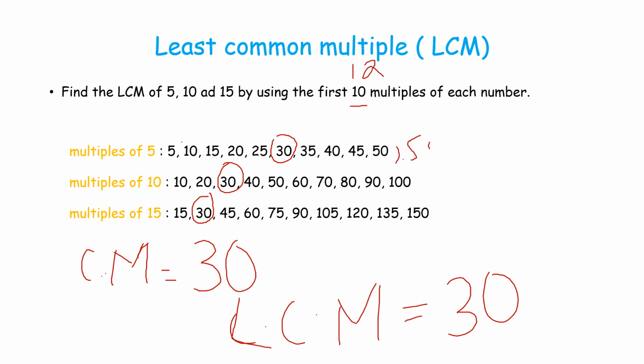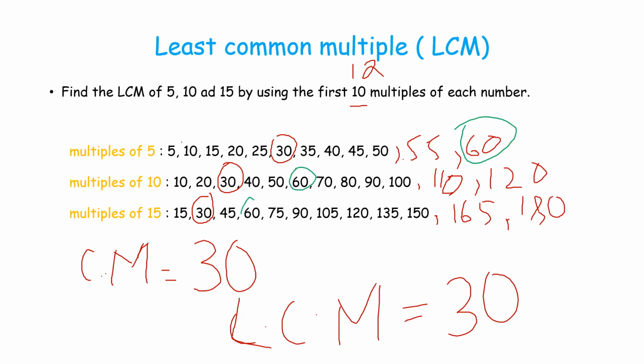But if we have more than one common multiple, let's say if I had to write the first 12 multiples, then here it is 55 and 60, here it will be 110 and 120, and here it will be 165 and 180. So I have added two more multiples here because there was only one common multiple. Now you can see 60 is also common.